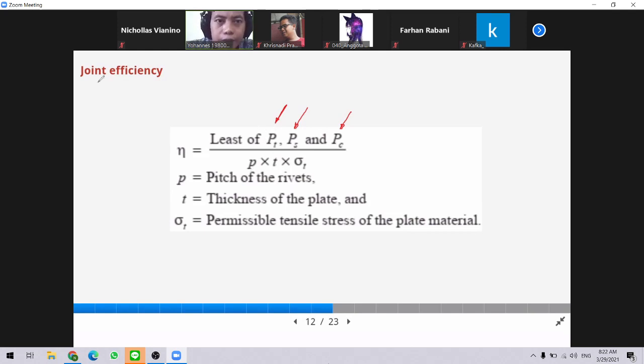Okay. So to define the efficiency of the joint, we have to calculate the three of them and choose the weakest or the smaller one, the smallest load. Okay. Choose the least, the smallest load from these three and compare with the plate without joint, or full plate.